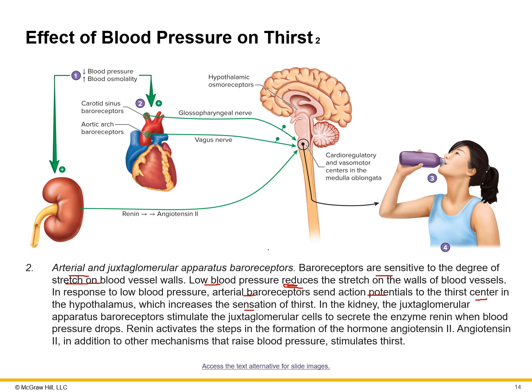In the kidney, the juxtaglomerular cells secrete an enzyme, renin, that we talked about with the renin-angiotensin-aldosterone mechanism. That enzyme release causes the formation of angiotensin 2, and then ultimately that stimulates our thirst.